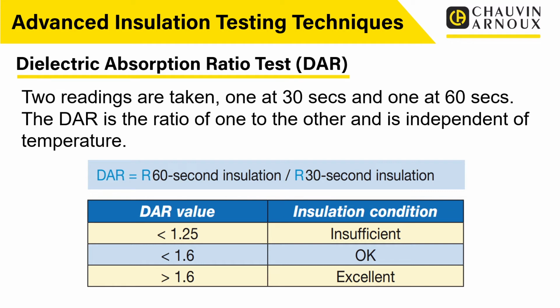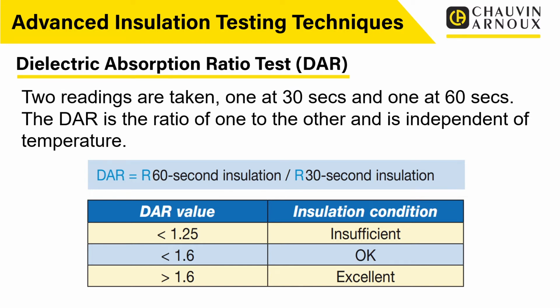And what we can do then is we can apply that value using this table at the bottom here. So if it's less than 1.25, the insulation is considered to be insufficient. If it's less than 1.6, it's considered to be okay. And if it's greater than 1.6, it's considered to be excellent.